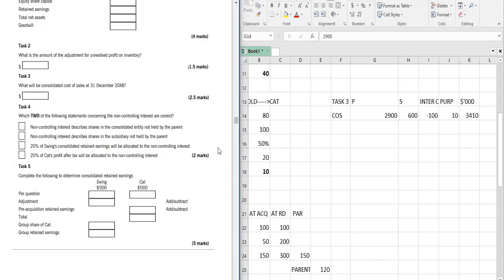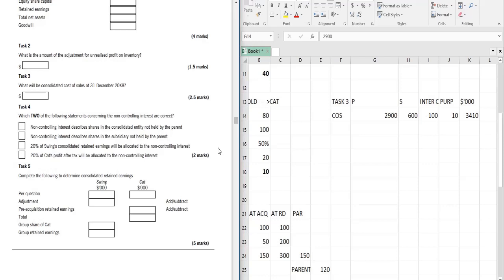So non-controlling interest describes the portion of the shares not taken by the parent.